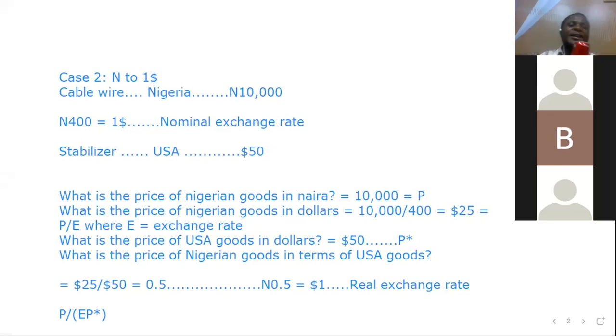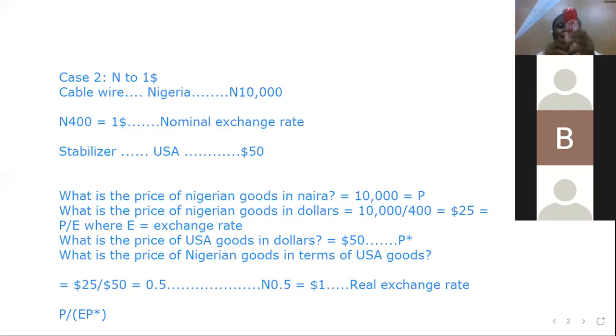Exchange rate parity is saying, what is the rate at which I will exchange my naira such that the price of this Coke here in Nigeria is the same as the price of this Coke in US, so I am not gaining or losing because I'm exchanging.